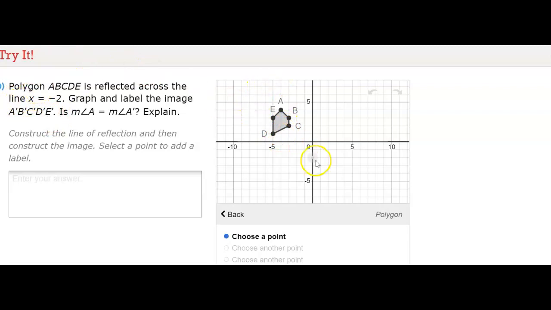Let's assume it's across the y-axis. So it says x is -2. This is my x-axis, this is -2. I also have to look at the reflection. 1, 2, 3, 4, 5. So this is actually -3. So x will be -3 here. I mean +3. 1, 2, 3.